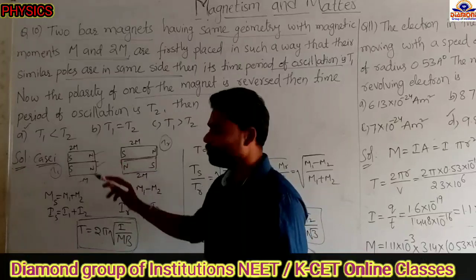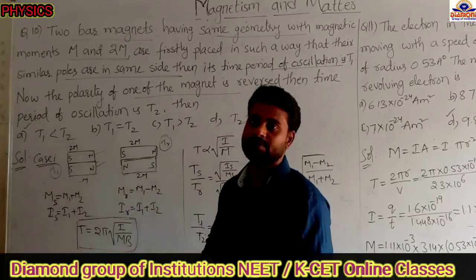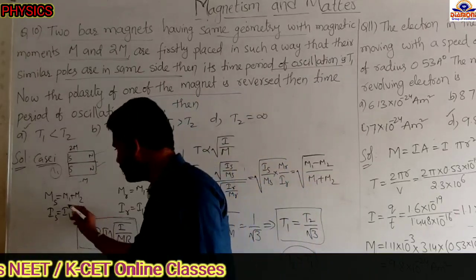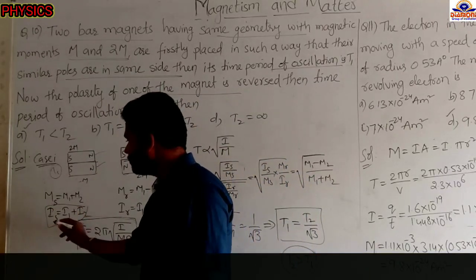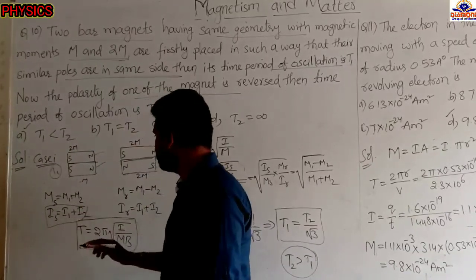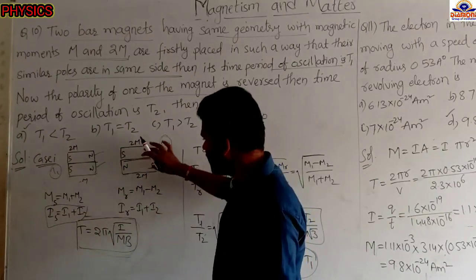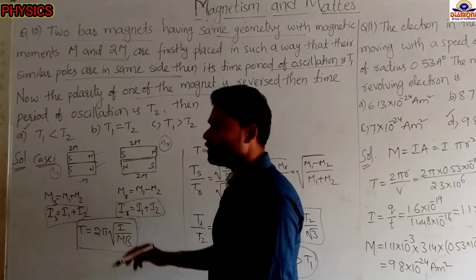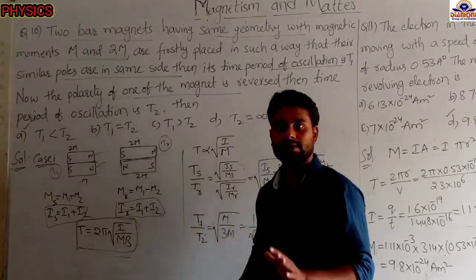In the first case the moment of inertia is Is, equal to I1 plus I2. In the second case also, with polarity reversed, it equals I1 plus I2. So if you change the polarities, the moment of inertia does not change.